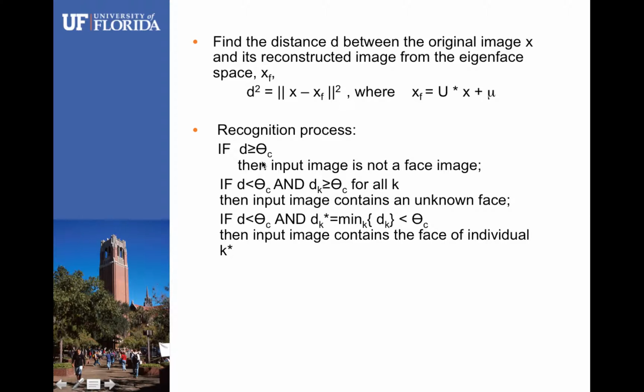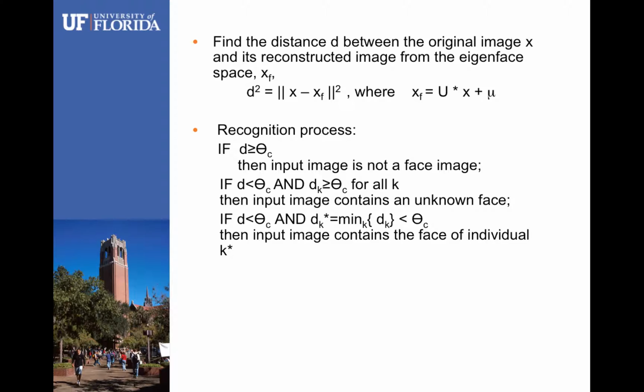If d is greater than or equal to theta c, we know that the input image is not a face image at all. And if d is smaller than theta c and d_k, the minimum of the d_k, is smaller than theta c, then the input image contains the face of individual k.